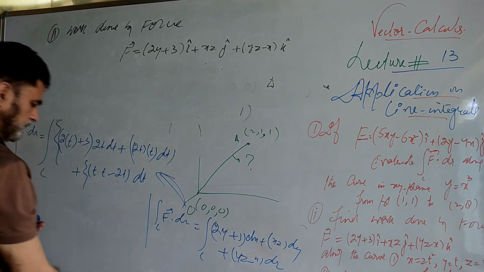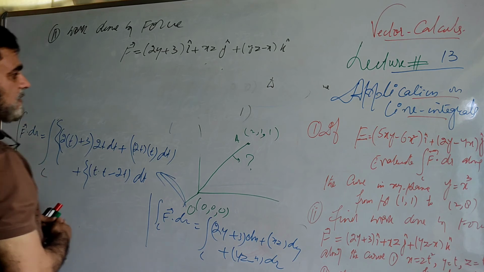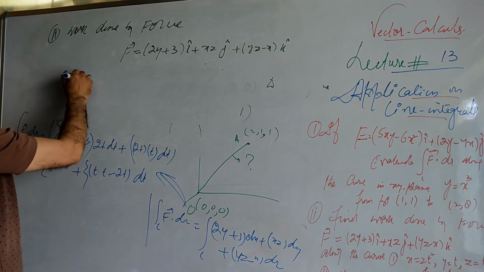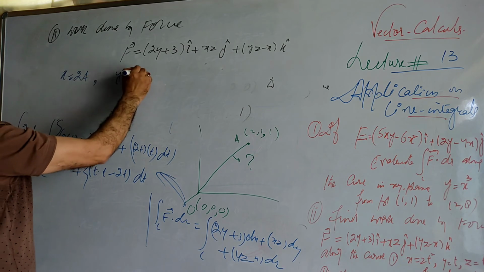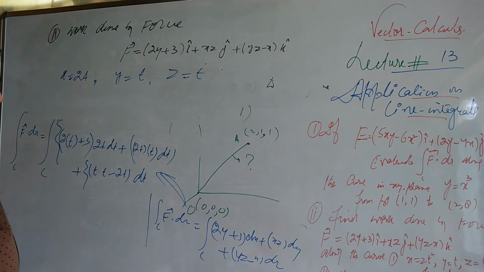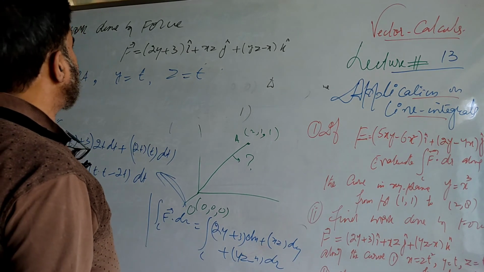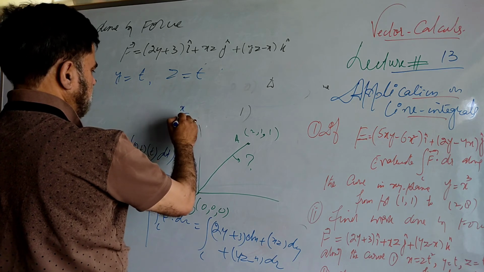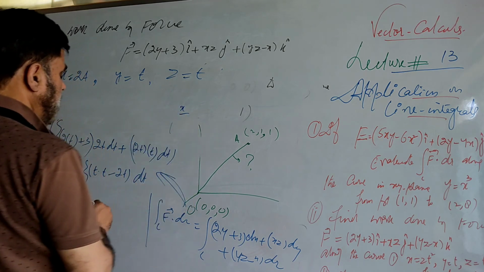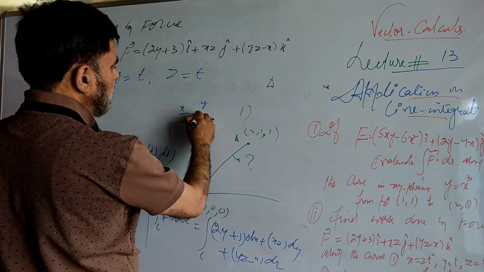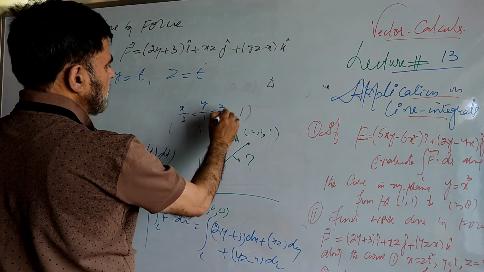You see how you go. Your x is actually here, your x was 2t, y was t, z was t. Is it clear? Just see, (x minus 2)/2, (y minus 1)/1, (z minus 1)/1 is equal to t.